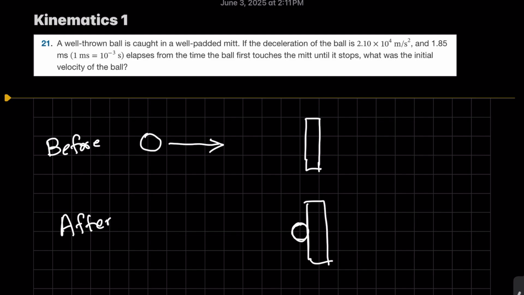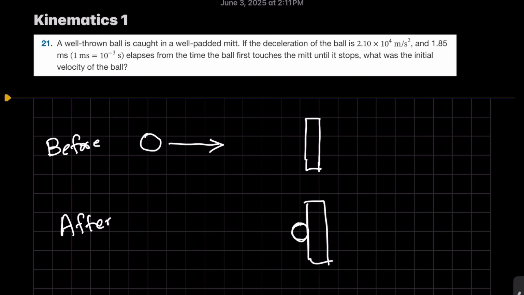So they list some time, and that's the time it takes for the ball to actually come to a stop. If you film one of your friends throwing a ball and somebody catching the ball, and you record this, you can play back the video and see that the ball doesn't just stop instantaneously. It takes some very, very small amount of time for the ball to actually stop.